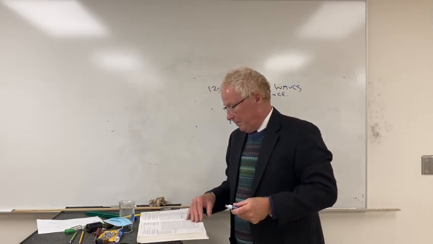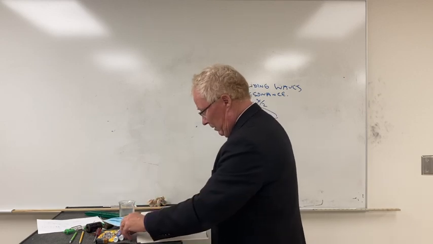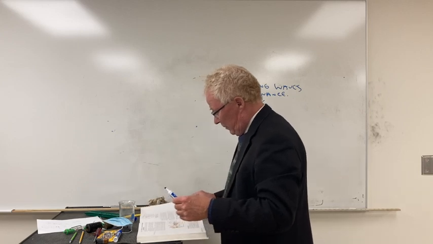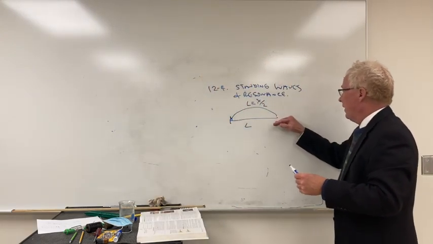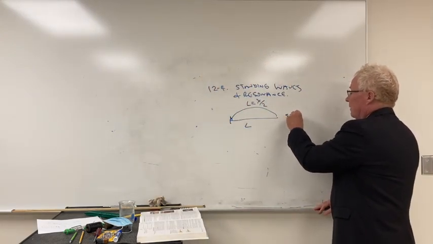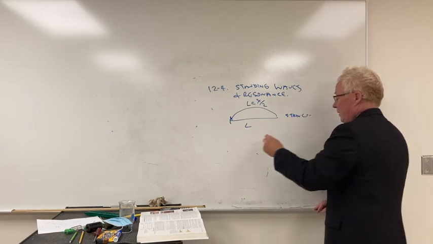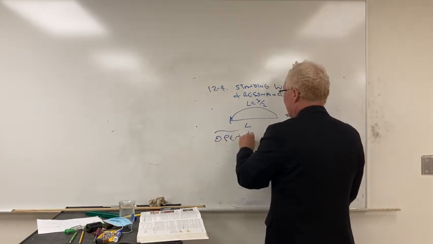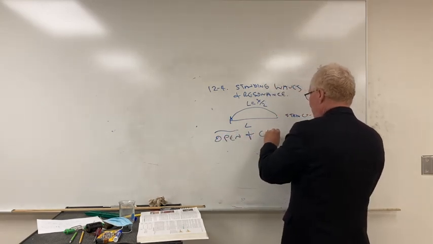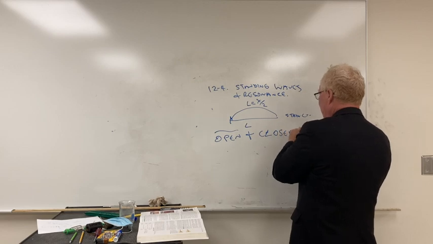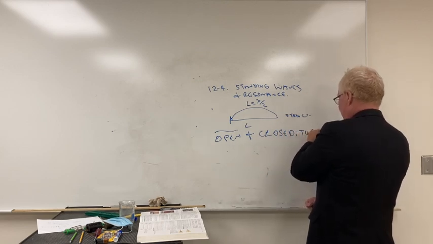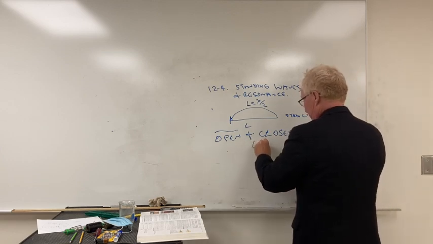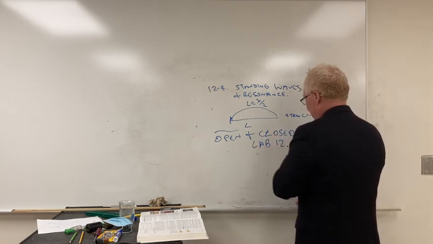All right, that is 12. Oh, also on 12.4. So that's standing waves on a string. We also have open and closed tubes, right? Which is directly related to lab 12, right?